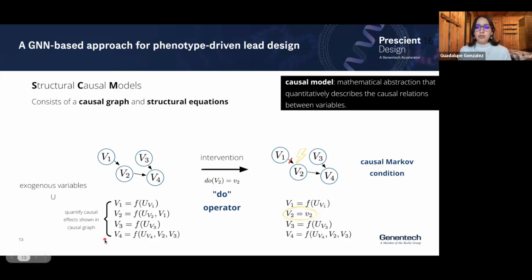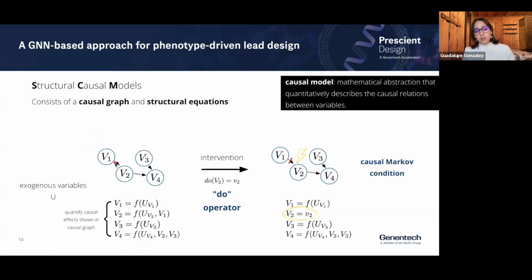These are deterministic functions that encode the value of each one of these variables as a function of its parents. So here we see that V1 is a function of U superindex V1. There's no other node pointing towards V1. And then here, V2 is a function of U V2 and V1, which is encoded in the graph.